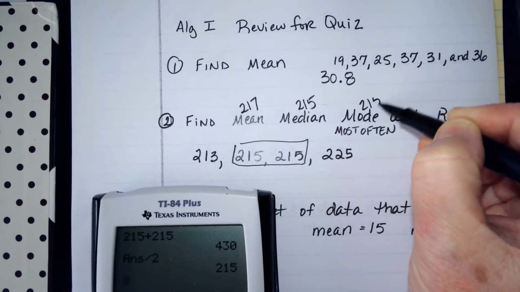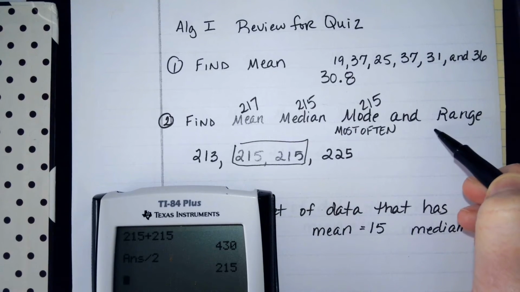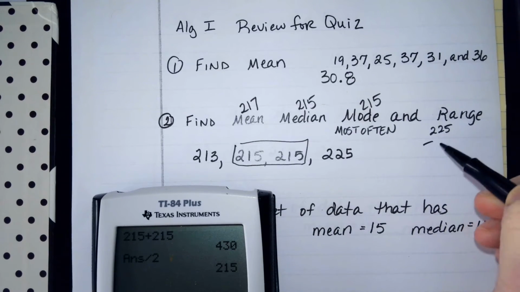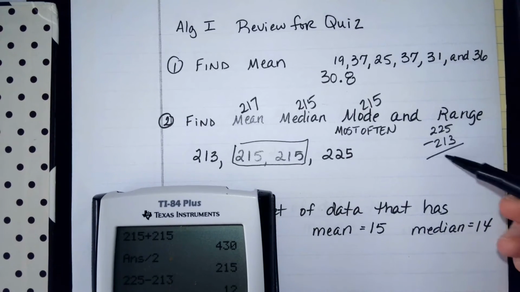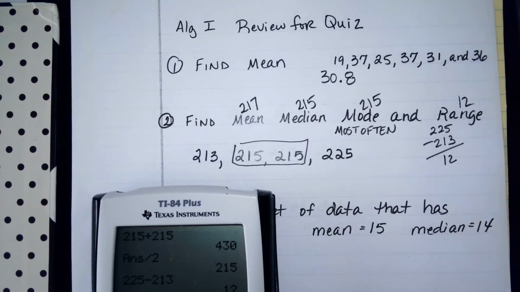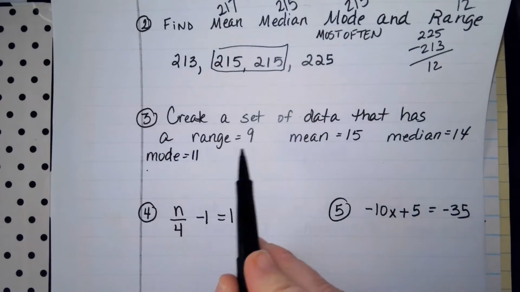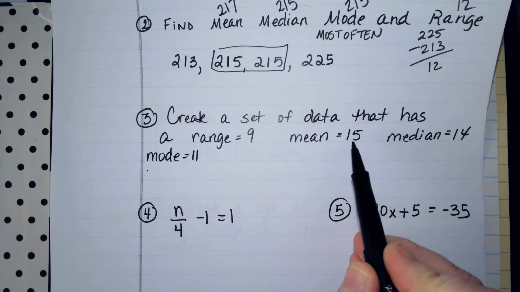It is 215. The range is the largest number minus the smallest number, which is 12. Okay?